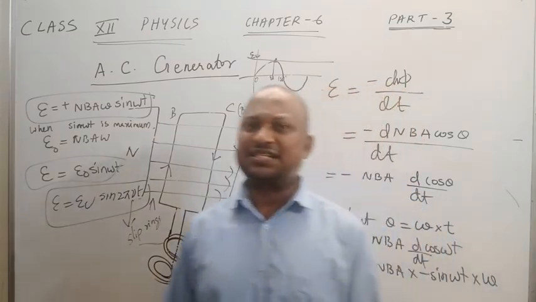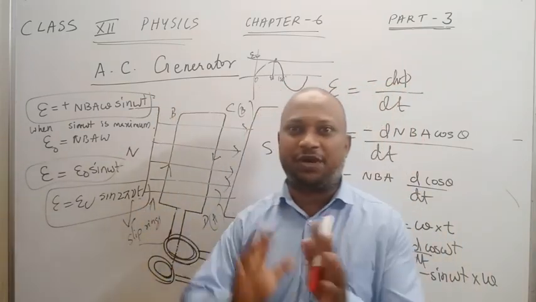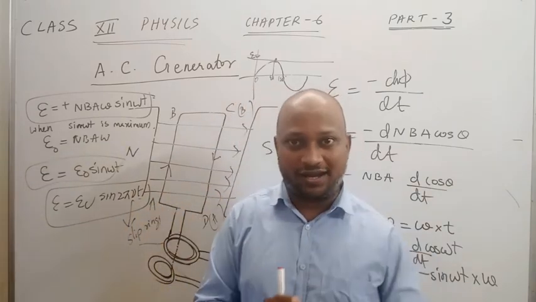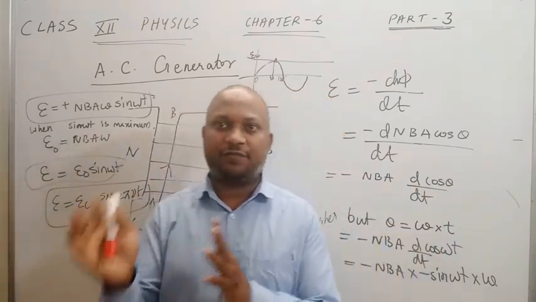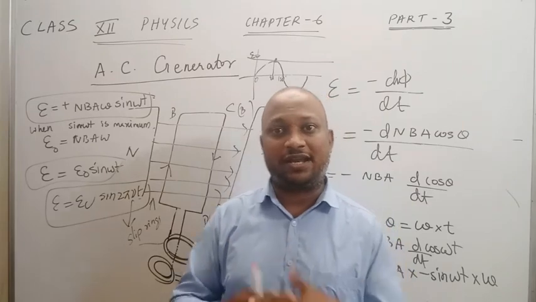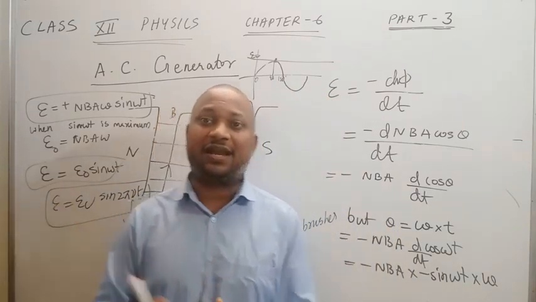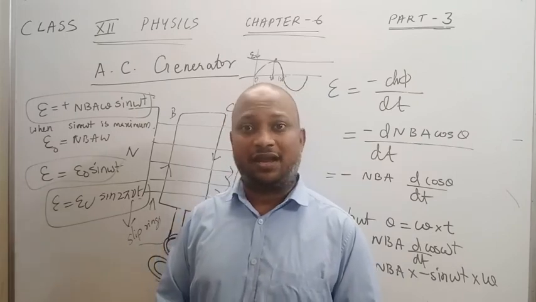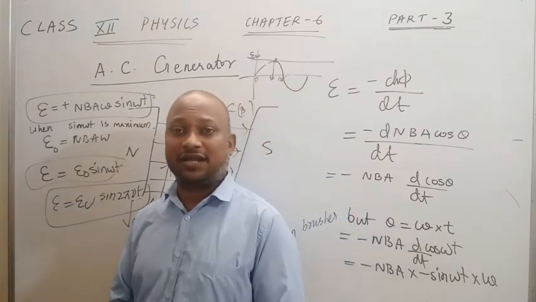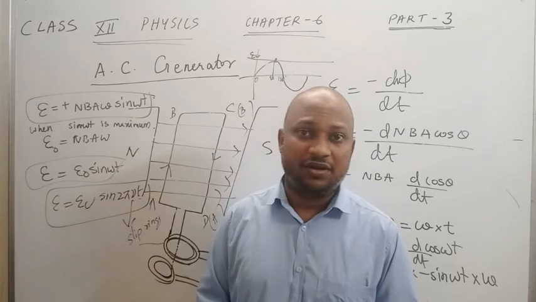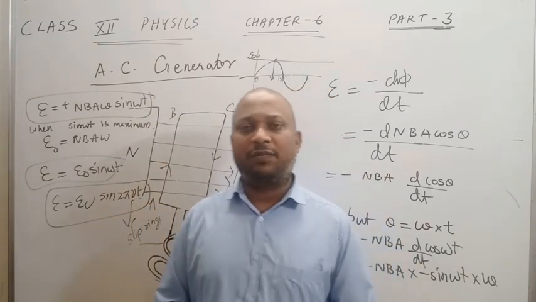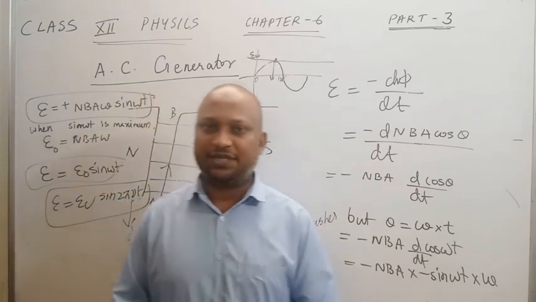So in the next chapter we will be learning about the relation between EMF and current in an inductor, the relation between potential difference and current in a resistor, and in an inductor and capacitor, all these things. And there is even a circuit called LCR series circuit. So all these things we will be learning in the next chapter.